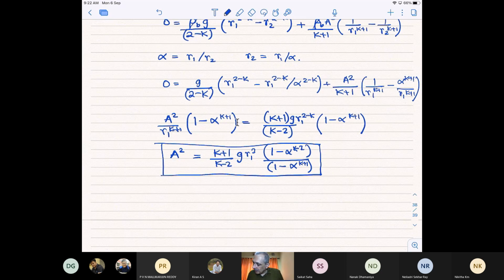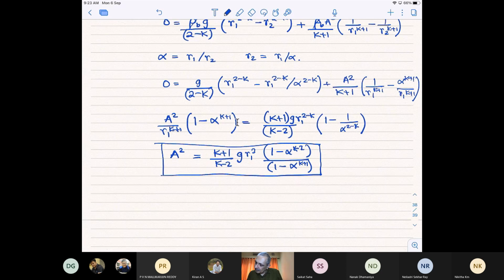I don't know why I put it the other way around. 1 minus 1 by alpha to the power 2 minus K. No, but then I take it... Okay, right, that is correct. I did the minus sign twice. I put 2 minus K, I made it K minus 2, and then I again did that. So that's right. So it should actually be 1 minus alpha raised to the power of 2 minus K. And then it's okay, right?